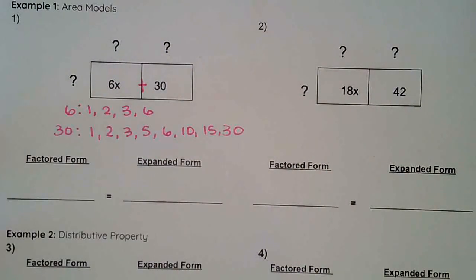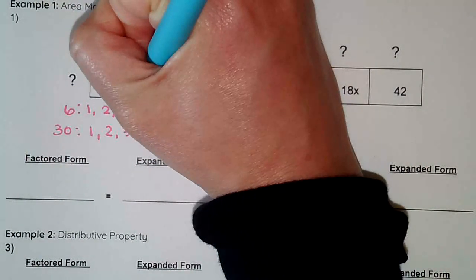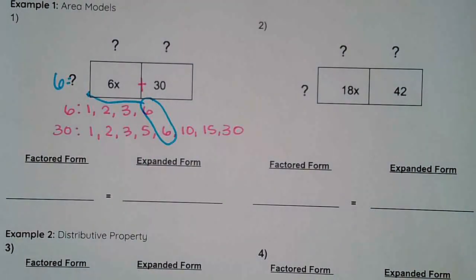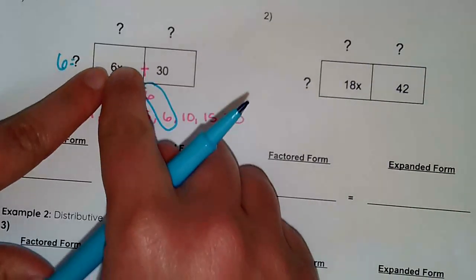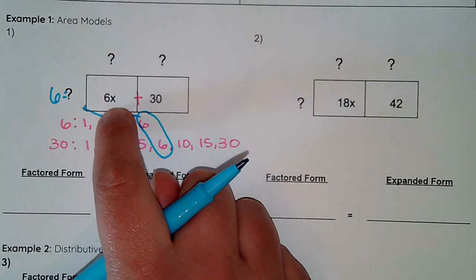Now I pick out that greatest common factor, which would be 6. That 6 is going to be outside of my parentheses. That's what I'm going to pull out of my expression. Now I need to determine what stays inside the parentheses. 6x divided by 6 leaves me with x alone.